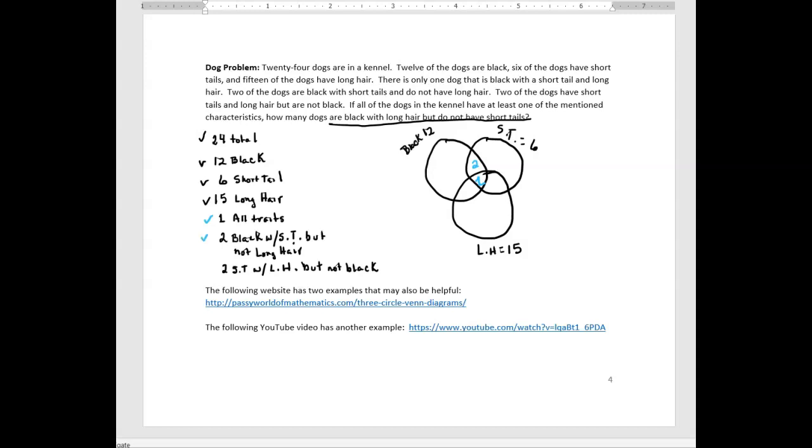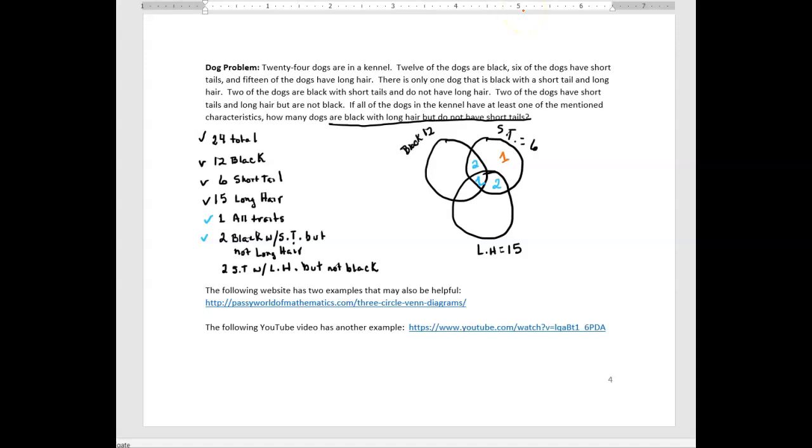And then 2 with short tail with long hair, this overlap, but not black, so I don't have to worry about that 1 right there, so this is a 2. And so we have 2, 4, 5, so that leaves us with 1 here.